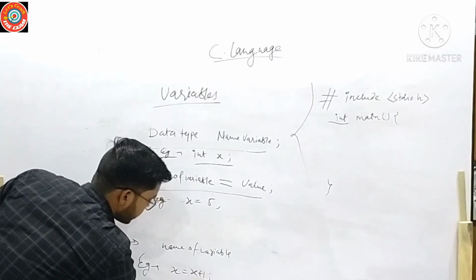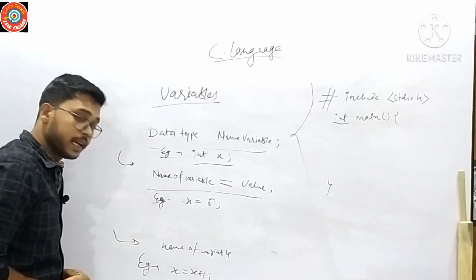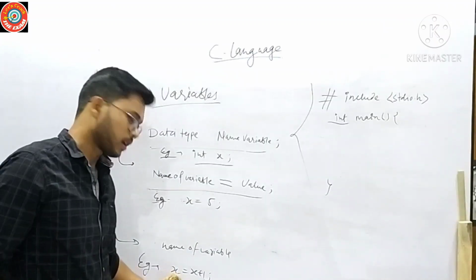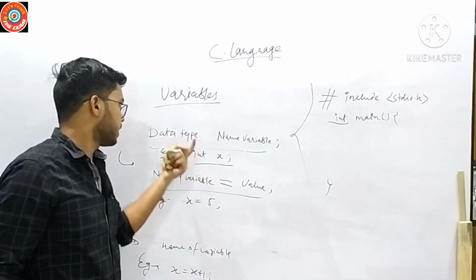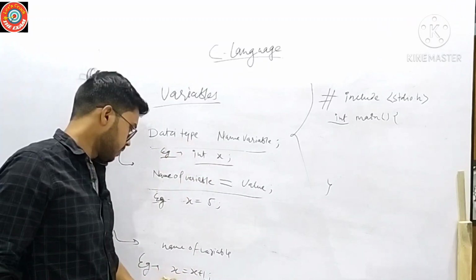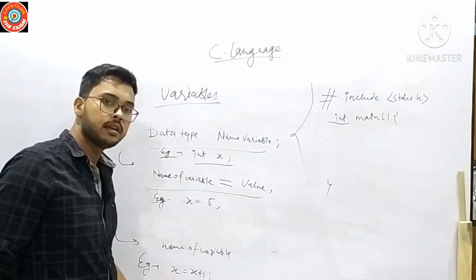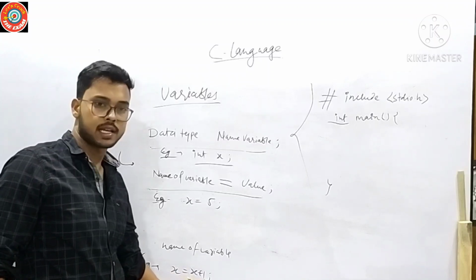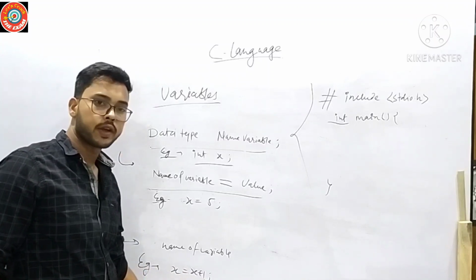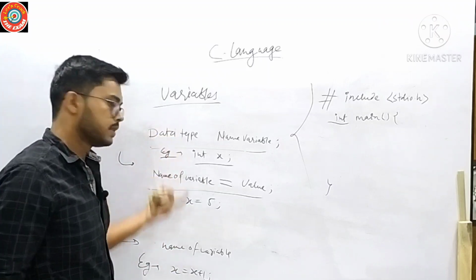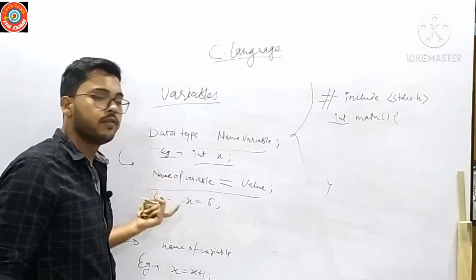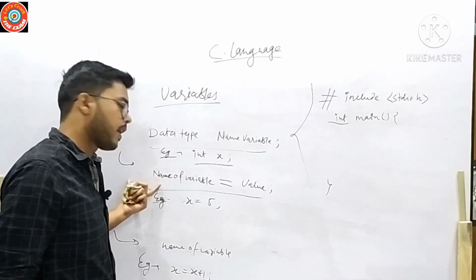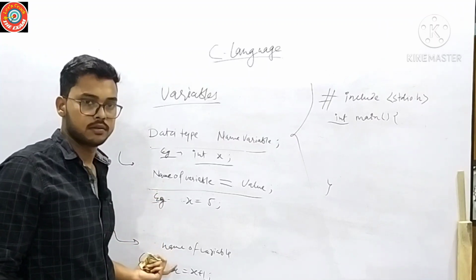Here we are using only the name of variable. We are not using the data type of variable or the value of variable. We are just using the name of the variable, x equals to x plus 1. So this is how we declare, define and use our variable.